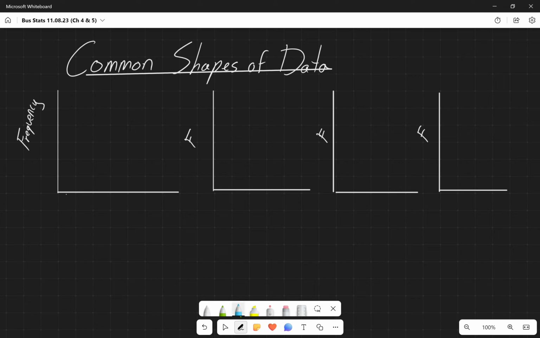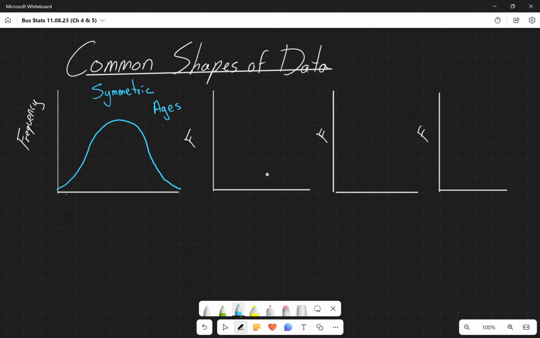So the first one is the most typical one, our symmetric curve. This is the one that's going to look like a bell. We're often going to call this a normal curve. So this is a symmetric distribution, and this particular one that we're looking at here is for ages.